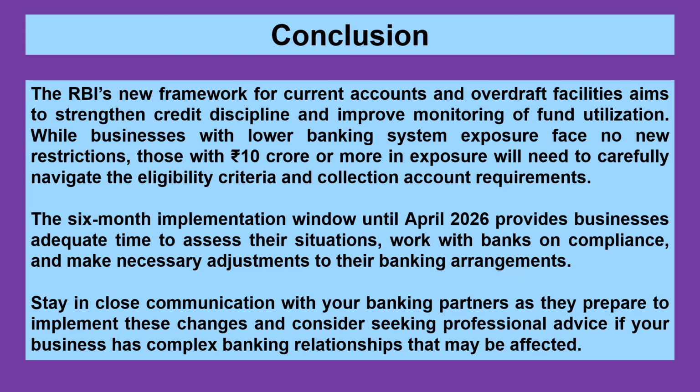The 6-month implementation window until April 2026 provides businesses adequate time to assess their situations, work with banks on compliance, and make necessary adjustments to their banking arrangements. Stay in close communication with your banking partners as they prepare to implement these changes and consider seeking professional advice if your business has complex banking relationships that may be affected.